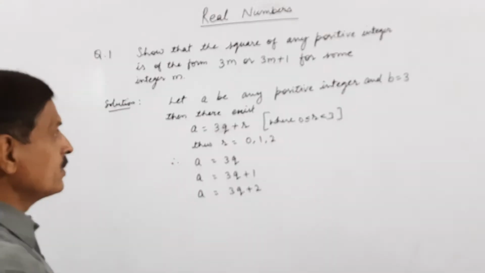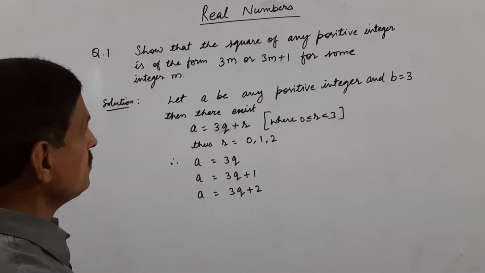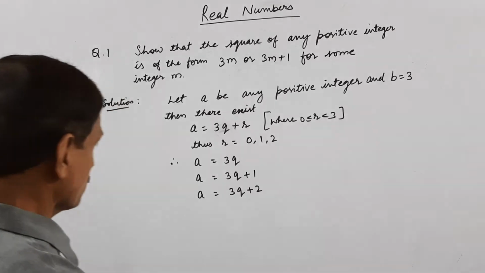Now we have to prove that the square of these numbers may take the form 3m or 3m plus 1.